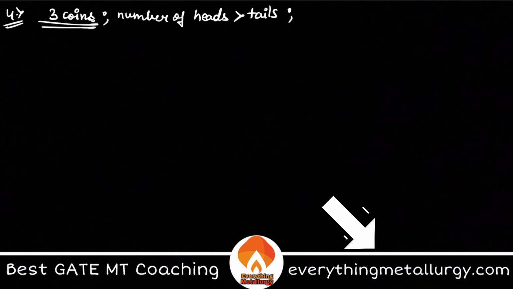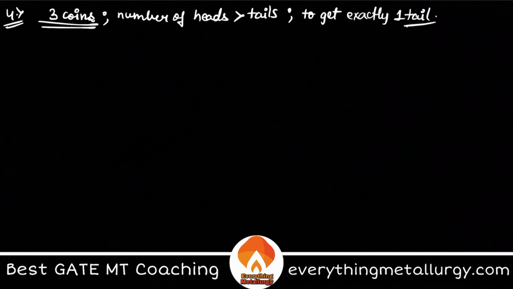If the number of heads is greater than the number of tails, what is the probability of getting exactly one tail? So this is like a dependent event. You already know that the number of heads should be greater than the number of tails. In that case, what is the probability of getting exactly one tail? This is pretty easy.